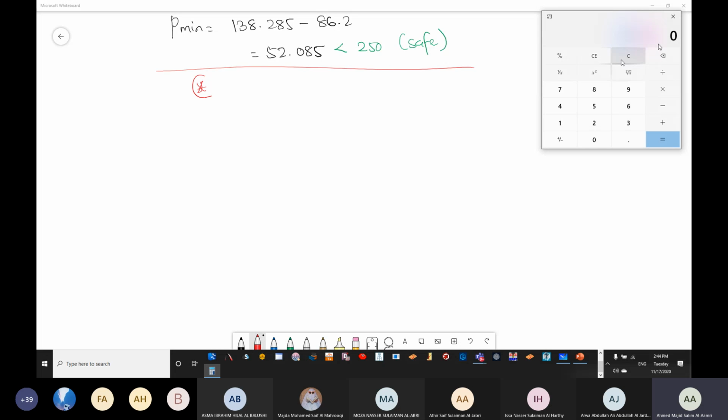We said, if you remember, for calculation of area and deflection, we use the service limit state because these are actual. For bending and shear, we use ultimate. Since we are going to calculate for bending, we need to use ultimate pressure.